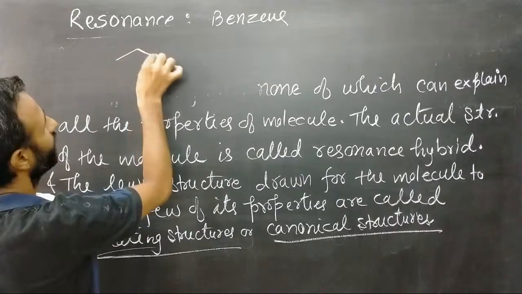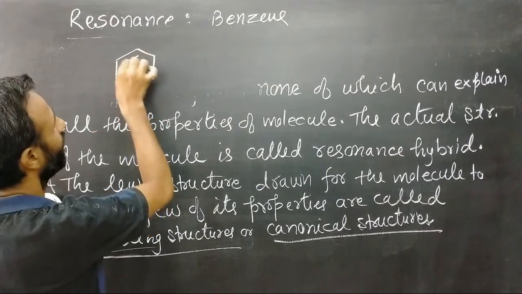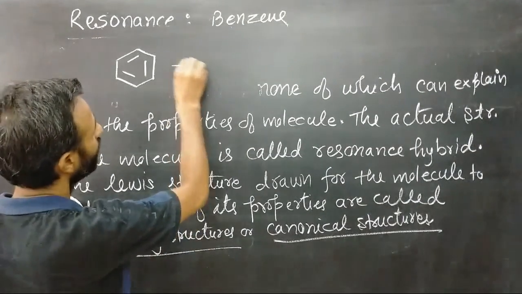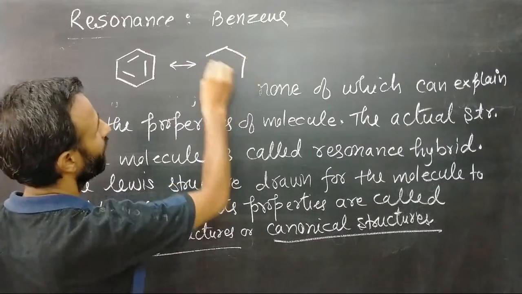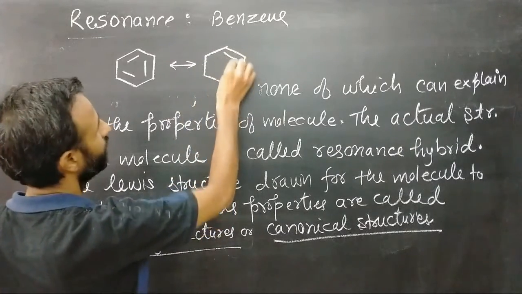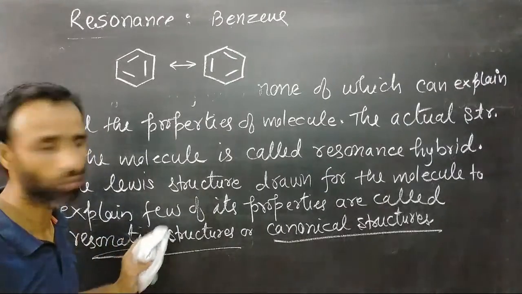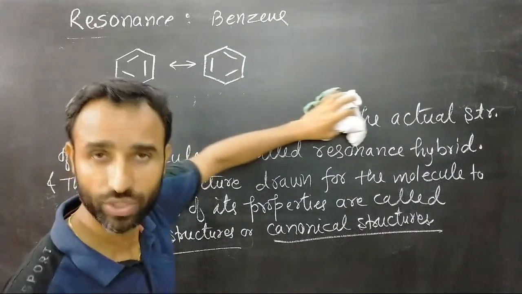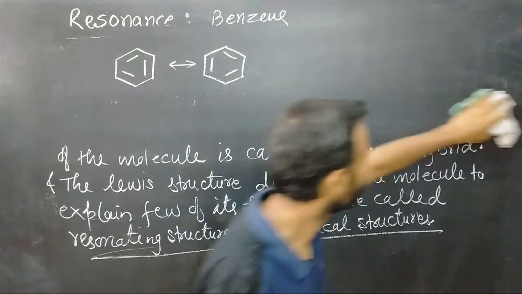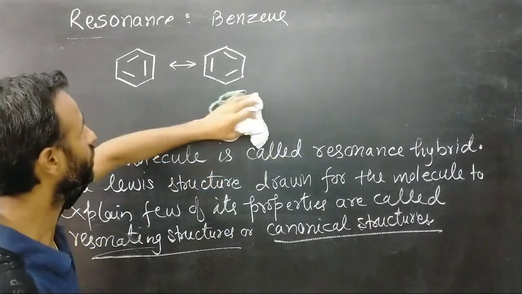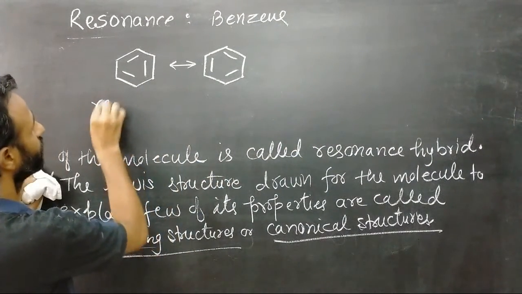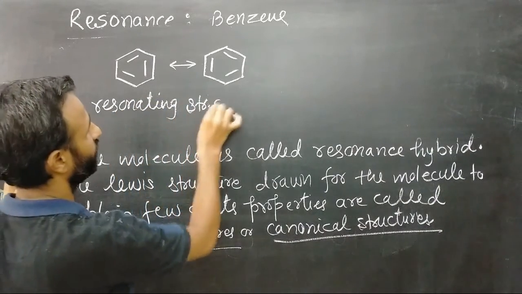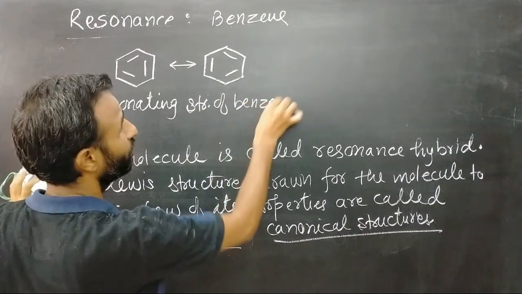Benzene is generally drawn like this: 3 double bonds, 3 single bonds, and the position may be like these two. These are the resonating structures of benzene. None of them is actual.